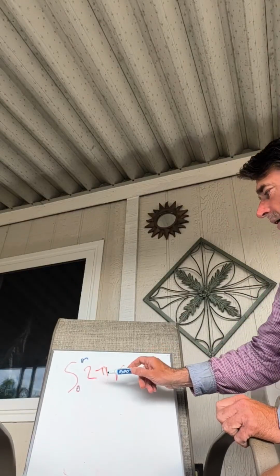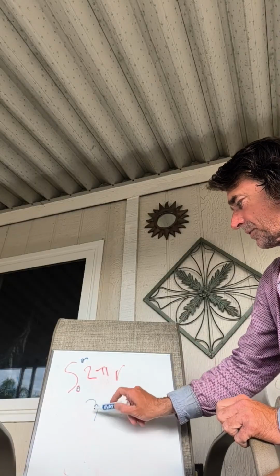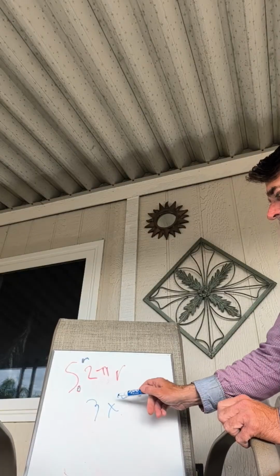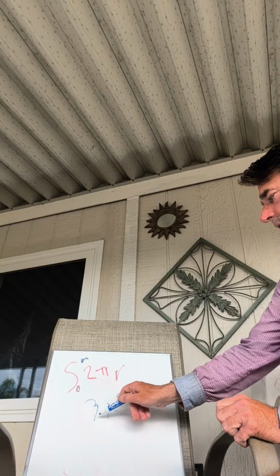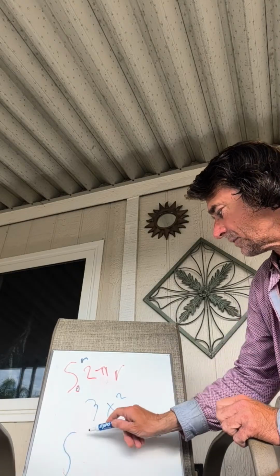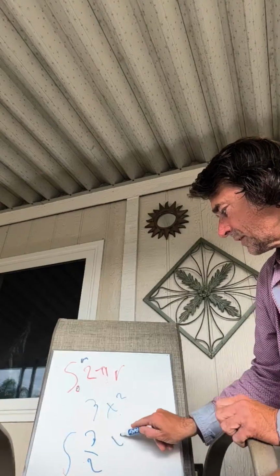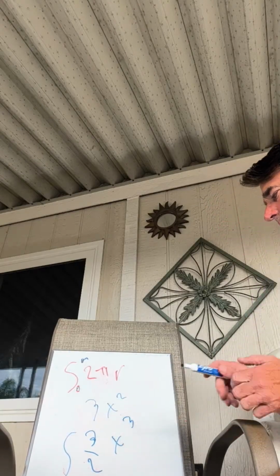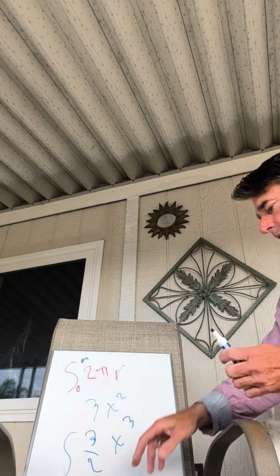To integrate a monomial, like 3x squared, you take the exponent, add 1 to it, and divide the whole thing by that. So the integral of that would be 3 halves x cubed. That's just a formula in calculus for integrating a monomial.